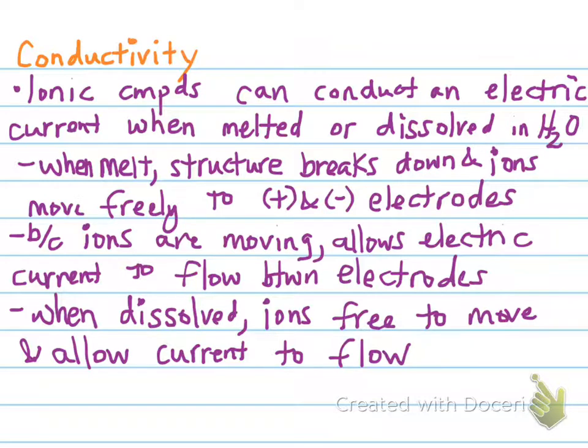So the water, typically the water on Earth, contains ionic compounds already dissolved in it, which means if electricity, like lightning, hits the water, there are ions that are free to move, and they will allow that current to flow through the water and potentially get you. So this is the reason why you steer clear of water during an electrical storm. It is because of this conductivity of ionic compounds.